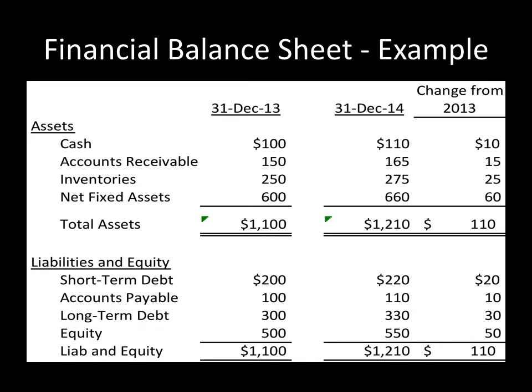They also show the liabilities and equity, in this case, short-term debt, in other words, the amount owed to the bank that we have to pay off within the next year, accounts payable owed to our vendors, or potentially amounts owed in the form of salaries and things to our employees. Any long-term debt, which could include things like a bank loan, but the principal that we'll pay later, beyond the current year. And then finally, the equity, what's left over for the shareholders.